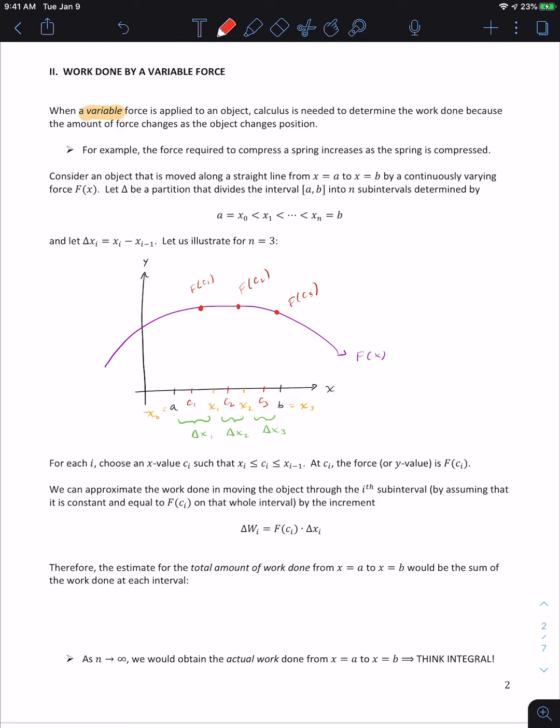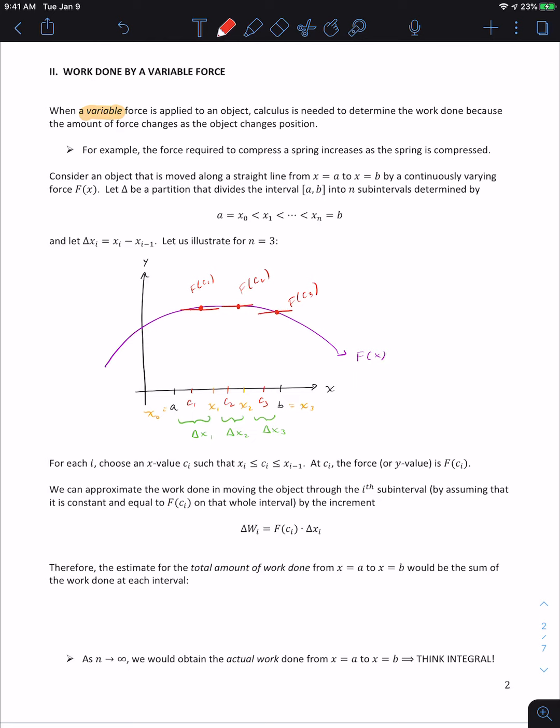So in this case, I'm going to assume that on this interval from a to x sub 1, the whole time, instead of being equal to the purple part, it's equal to the red part, or the height of f of c sub 1. And same thing here, and same thing here.